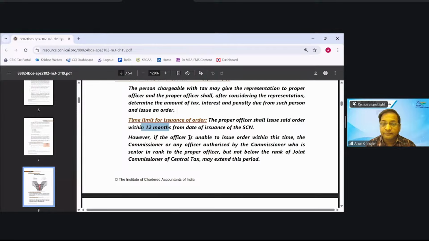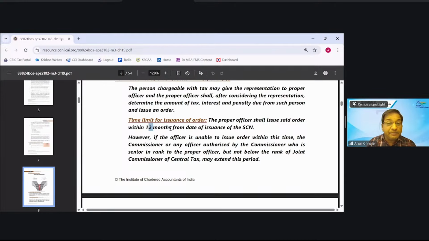However, if the officer is unable to issue the order within this time, now this provision is important, which I feel, because it was not there in 73-74, and that is the reason they brought in 74 capital A. The commissioner or any officer authorized by the commissioner who is senior in rank to the officer but not below the rank of joint commissioner may extend this period.